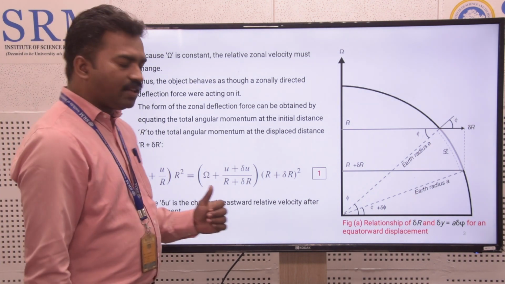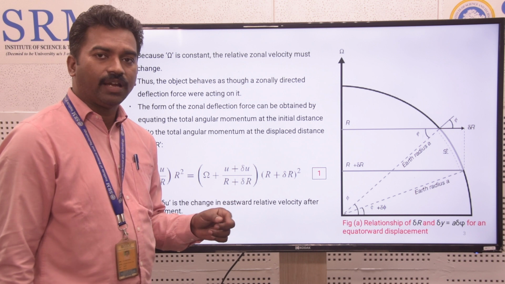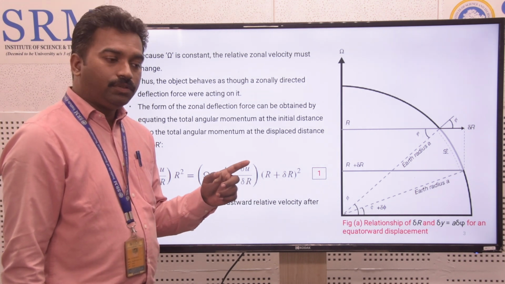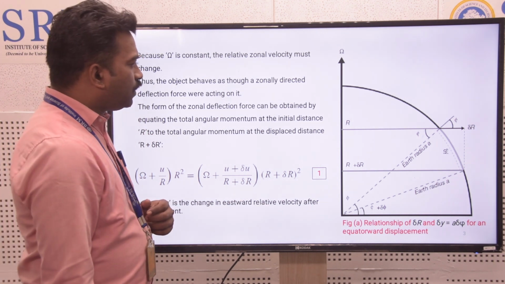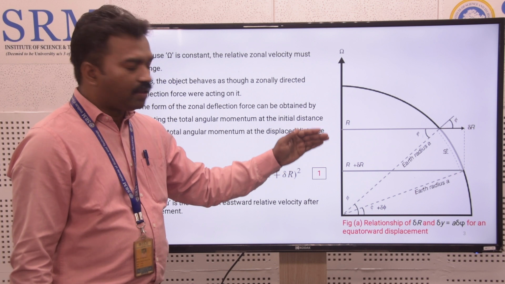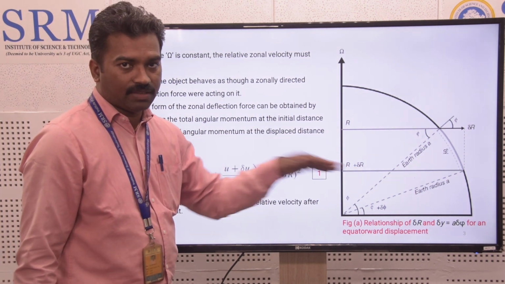Because in that formula omega is constant, to conserve the angular momentum u must be changing. So the mass is being displaced, although some zonal deflection force is acting on that mass.